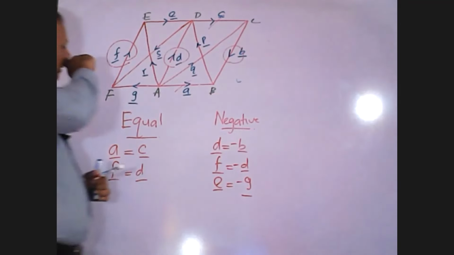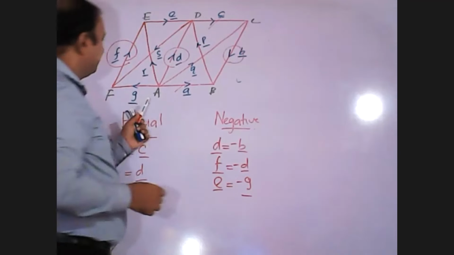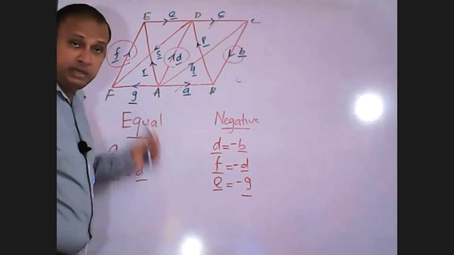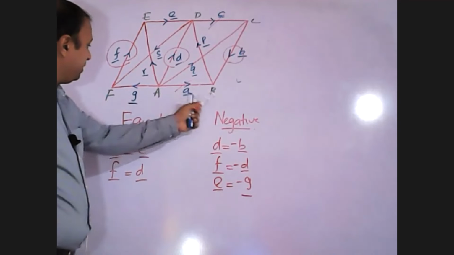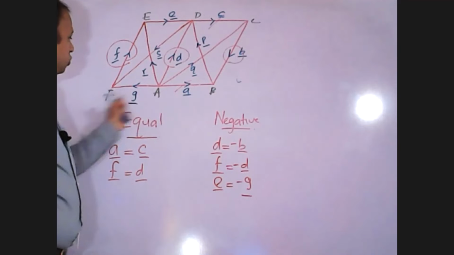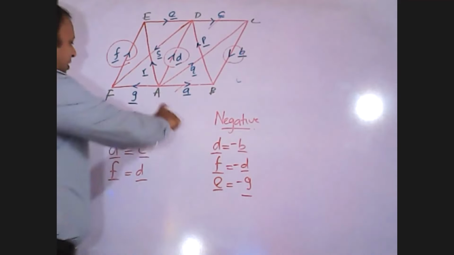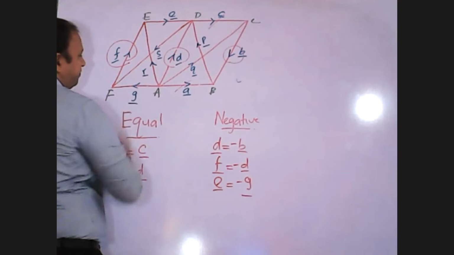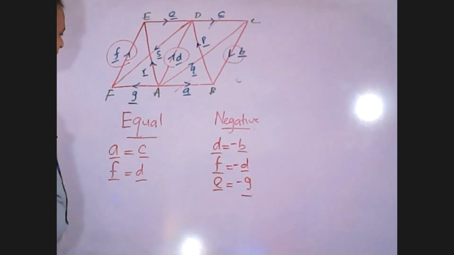Then, according to our last assumption, AB and EF are equal. Now I can compare these two. You can see AB and AF.